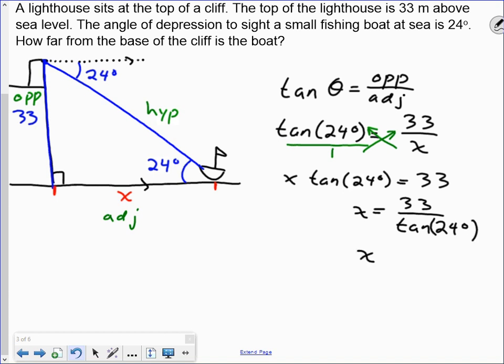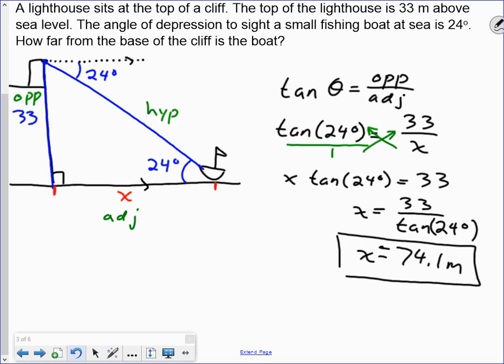Punching this into our calculator, we get x is going to be equal to 74.1, and our units are meters. And again, this kind of makes sense. If our cliff is 33 meters tall, it's reasonable for that x value to be 74.1 meters.